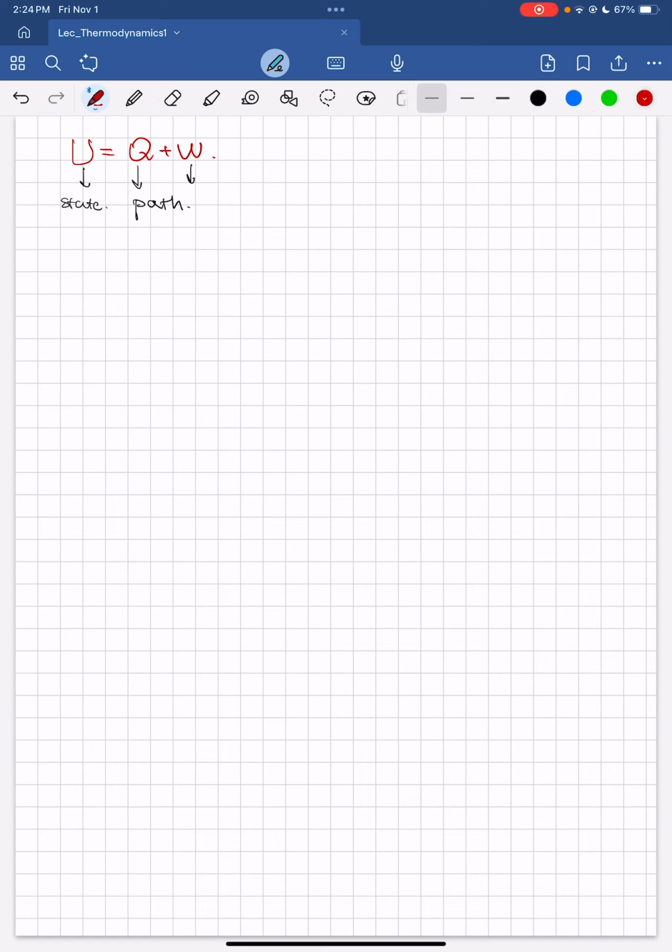So the problem with path functions is that they are mathematically very unstable. We can't easily use this for engineering or for science, whatever. We can't freely play with it as we do with state functions.